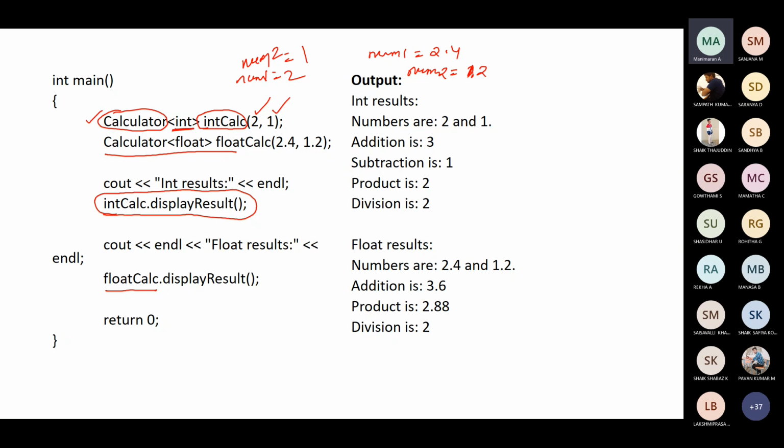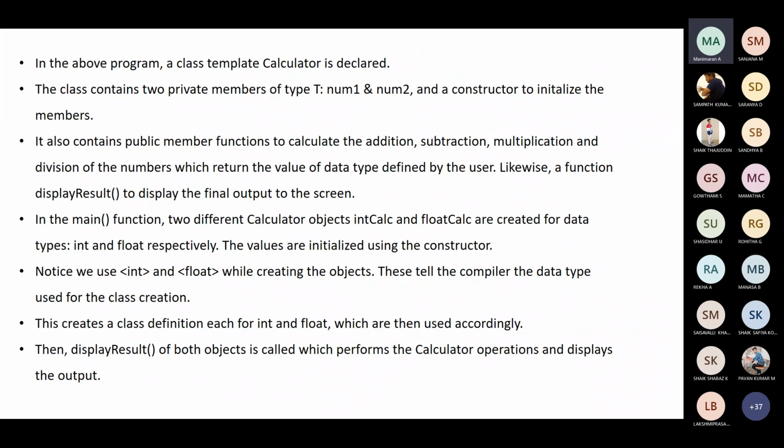Similarly, this class template we have understood by using a simple calculator performing 4 different operations with different data types. So this is the explanation of the above example program of the class template.